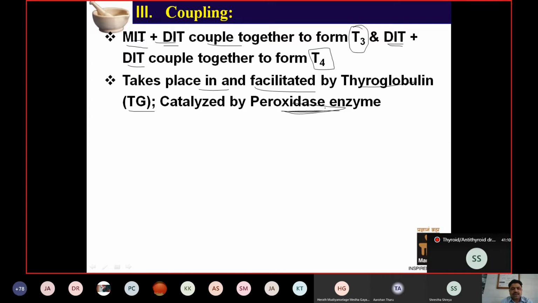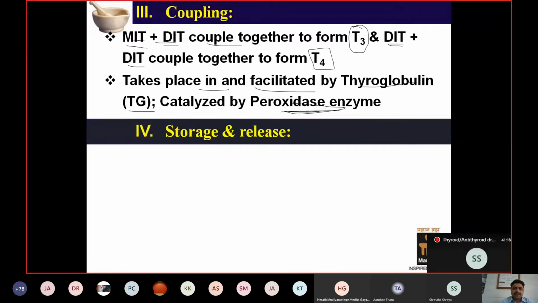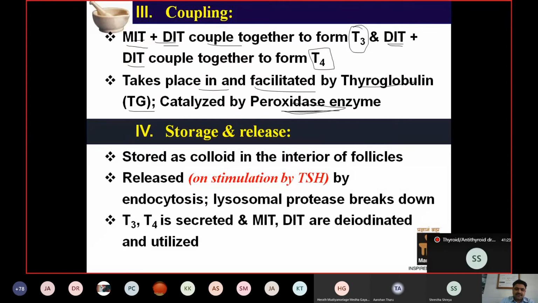The drugs which affect this we call antithyroid drugs. Now, storage and release, as we have already discussed: it is stored as colloid in the interior of the follicle, or with endocytosis inside the cell. It is released on stimulation by TSH, thyroid stimulating hormone.